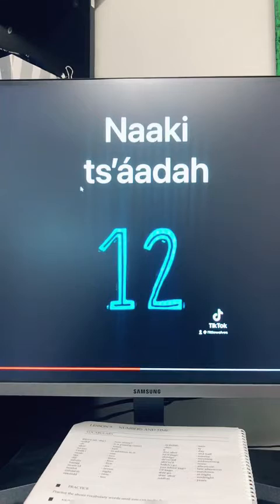Na ki tsada. Twelve. And here's one of those rising vowels we talked about. Tsada.